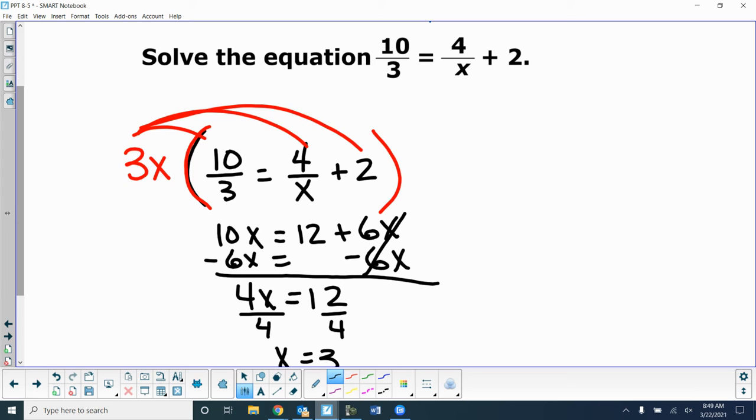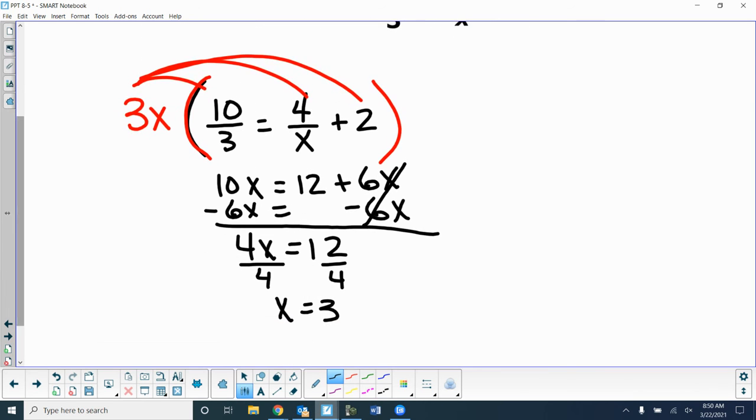So 4/3 plus 2 is how many thirds? Just multiply 2 times 3. So 6/3. 4/3 plus 6/3 is 10/3. Yeah. So it's a good answer. So we're done.